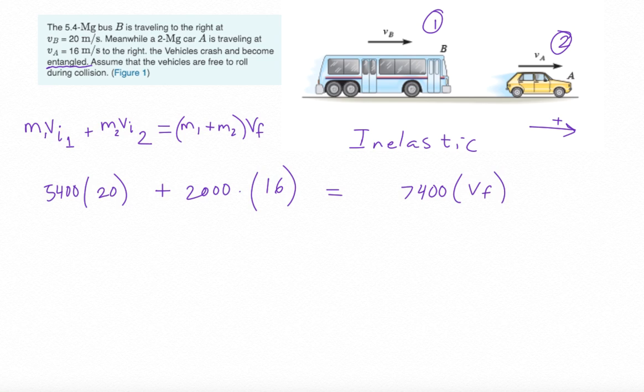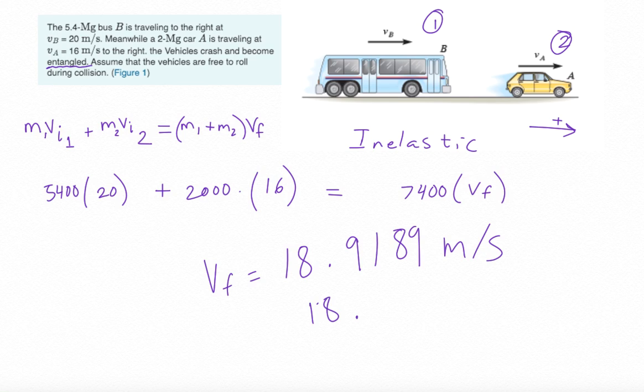Plugging that into the calculator, I get a final velocity of 18.9189 meters per second. Depending on how many significant figures you want to round to, let's leave it at 3, so that would be 18.9 meters per second.